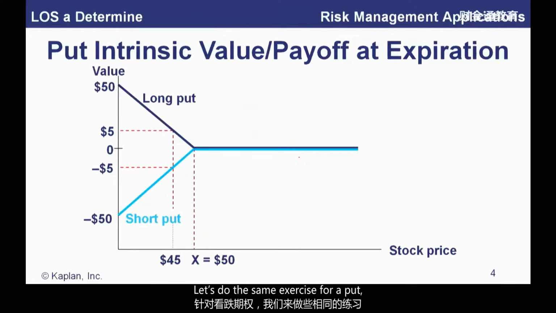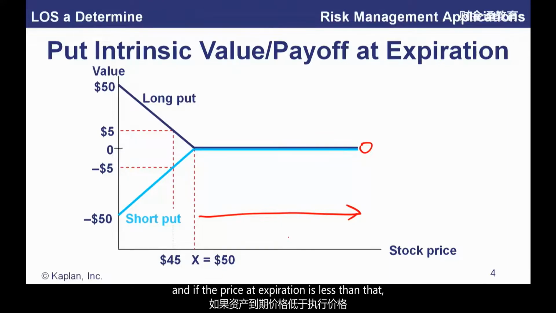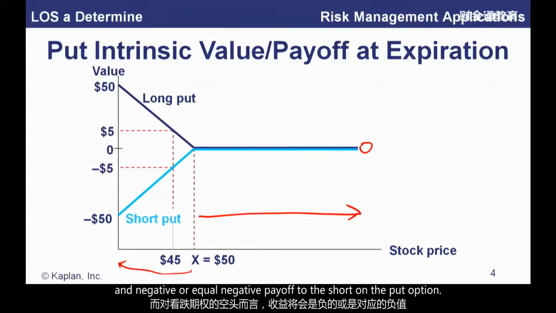Let's do the same exercise for a put. The put is worth zero if the price of the asset at expiration is higher than the exercise price. And if the price at expiration is less than that, then we have a positive payoff to the long and an equal negative payoff to the short on the put option.